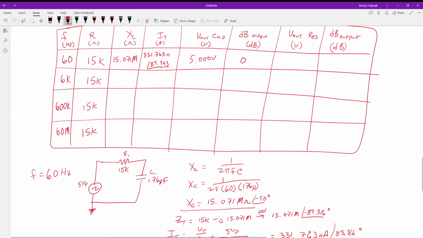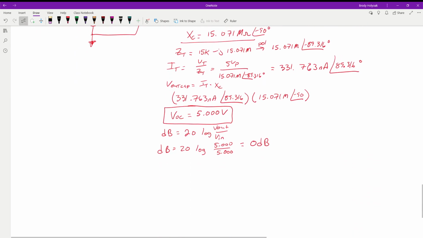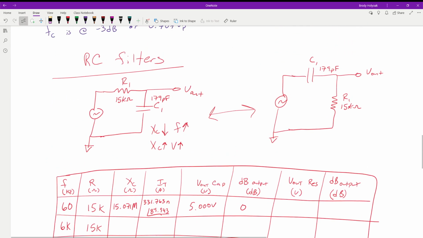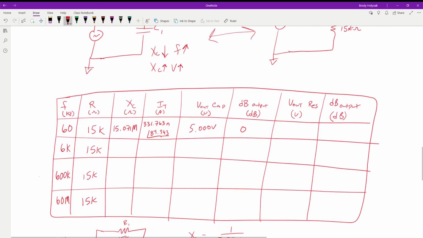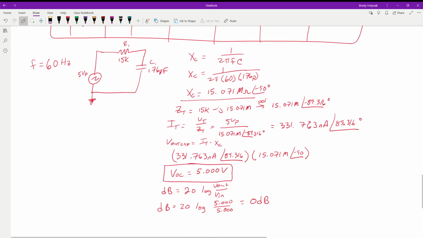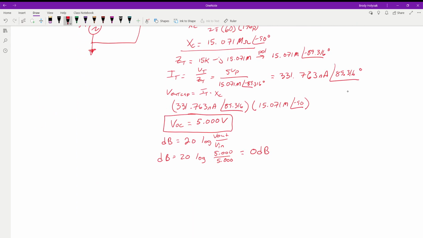So now while we're here, let's also solve for the voltage across the resistor as if we were taking the output of it, like we have in the second circuit over here. If this is how we were taking our output, we can calculate that voltage and we can use these same steps. So the voltage out across our resistor is equal to the total current times the resistance value.